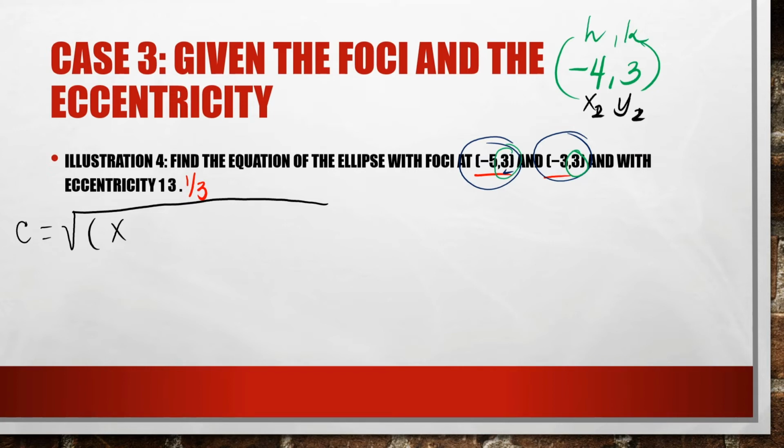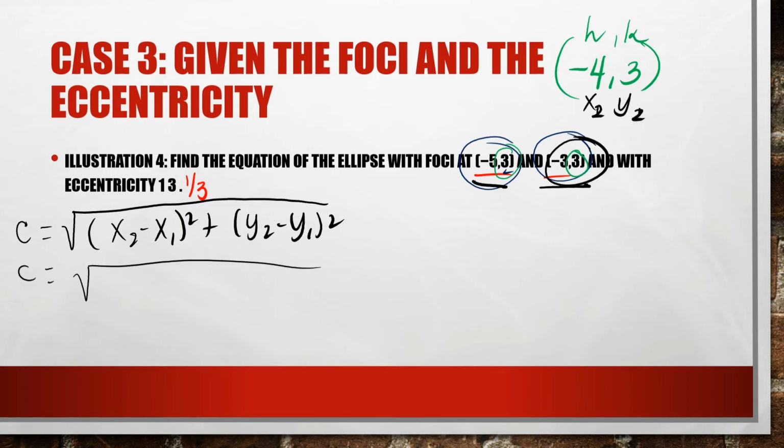So, square root of (x sub 2 minus x sub 1) squared plus (y sub 2 minus y sub 1) squared. So, gagamitin natin yung x sub 1 nung kahit saan dito sa endpoints ng foci ng ellipse. So, gamitin natin itong 3 and 3. So, c is equal to square root of x sub 2, itong negative 4, minus x sub 1, which is negative 3.